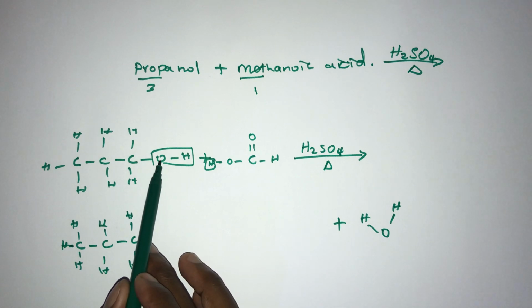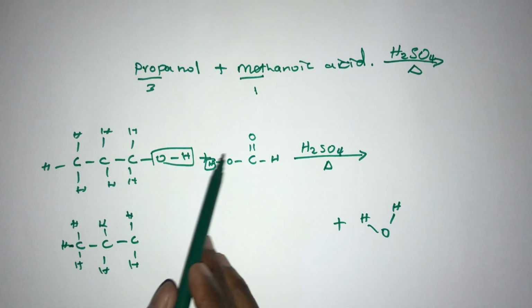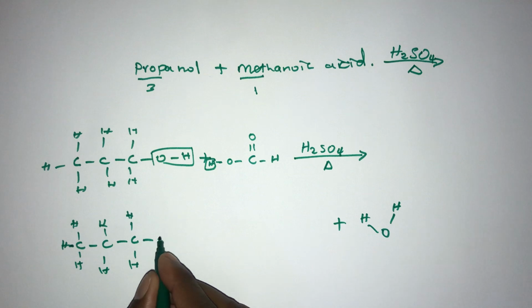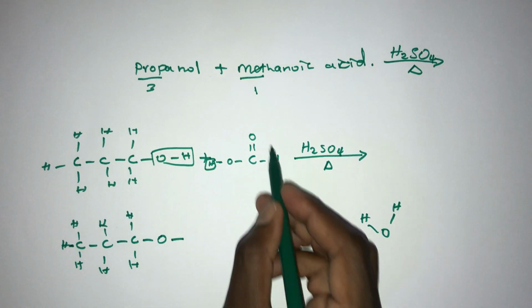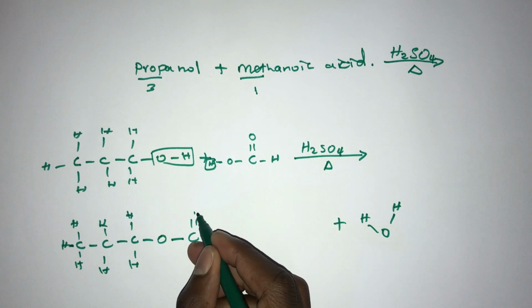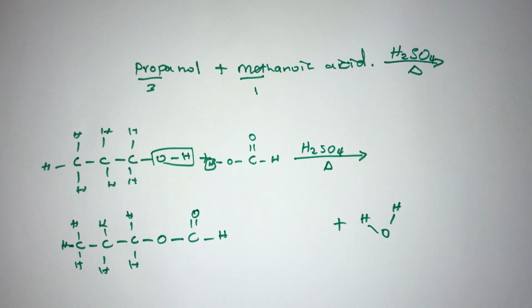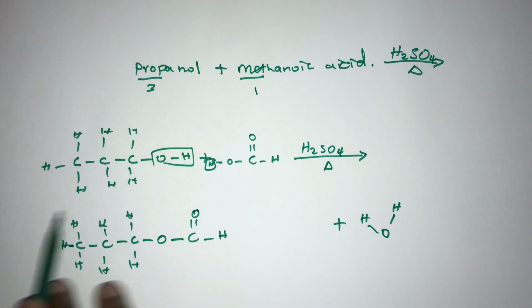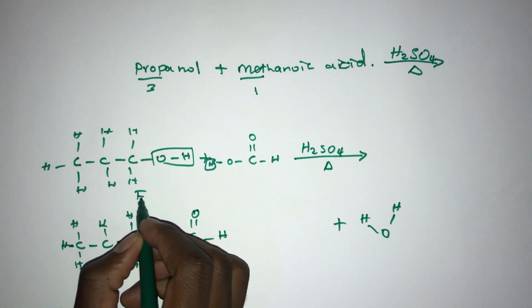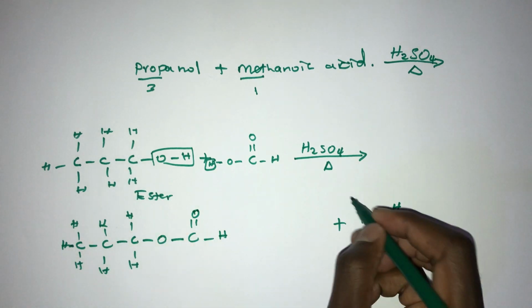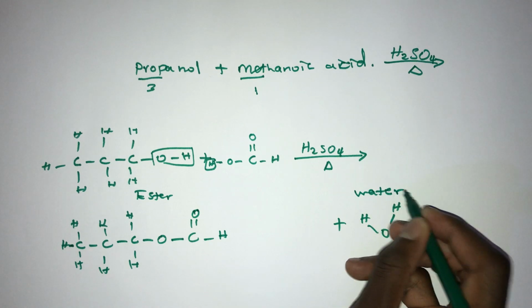We removed this OH and this H. That means now we have this O here. So we put the O here and the bond. Then we have this one. So now this is our new structure. This is our ester now, and then this is our water.